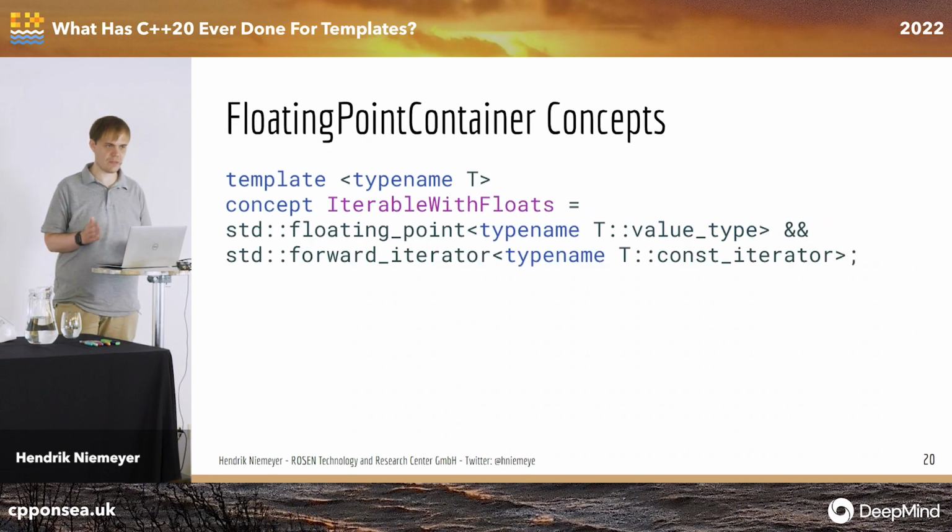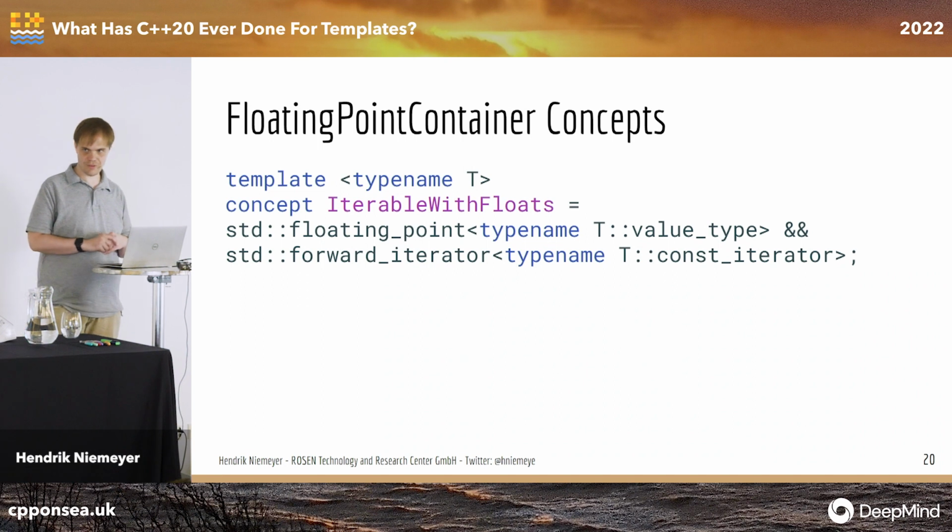So, coming back to our norm function from the beginning, where we had the requires clause with a std::floating_point and std::forward_iterator concept. Now we can, with the knowledge we've acquired now, put that into a named concept. So we call our concept iterable_with_floats because it fits on a slide.